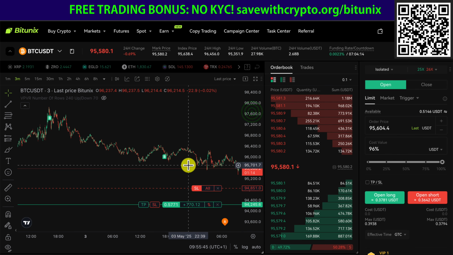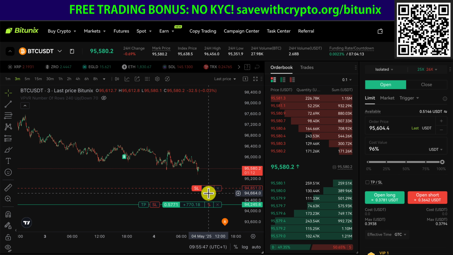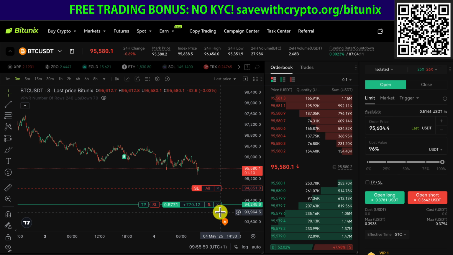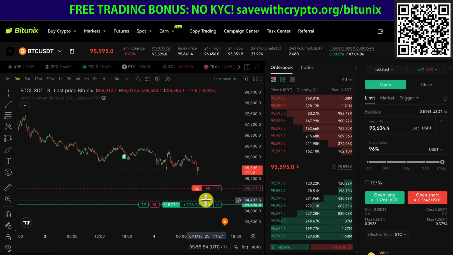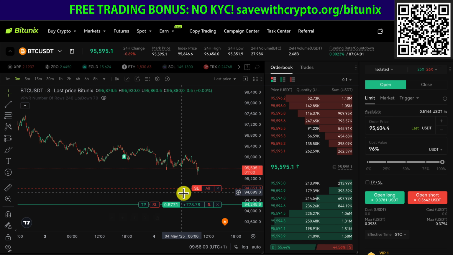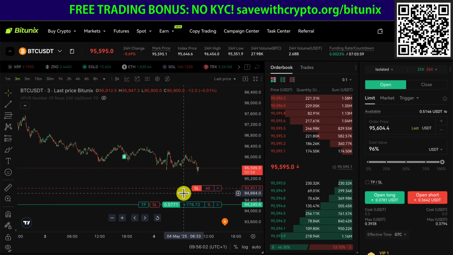I'm not planning on closing this, but I've put a stop loss down here at 94,851 just in case. If it hits that, it will close in profit. Not as much profit as I've got now, but at least it will give me a nice sum of money to enter a new trade in the future.